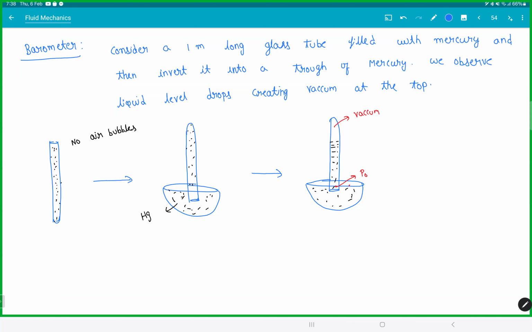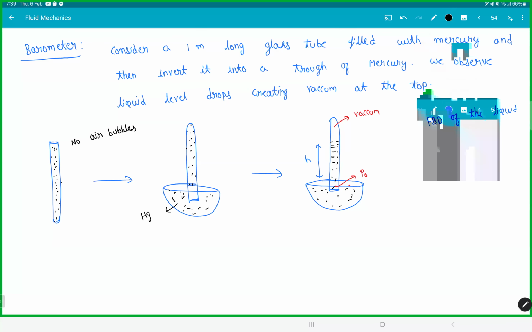So why is that liquid coming down? If you take this liquid here, if you draw the FBD of the liquid, here the pressure is 0, so there is no force.